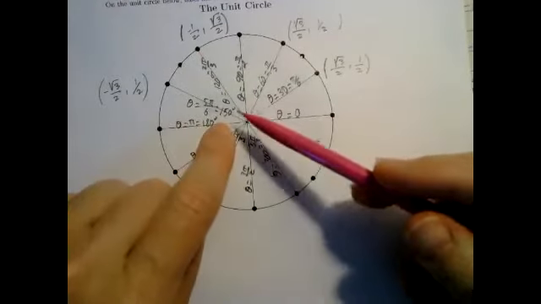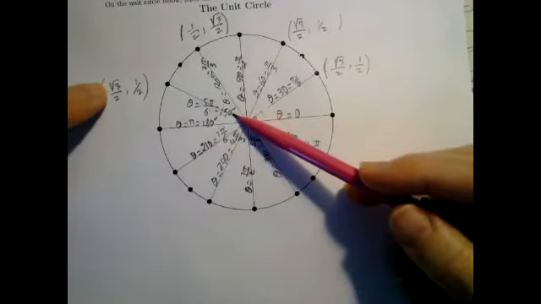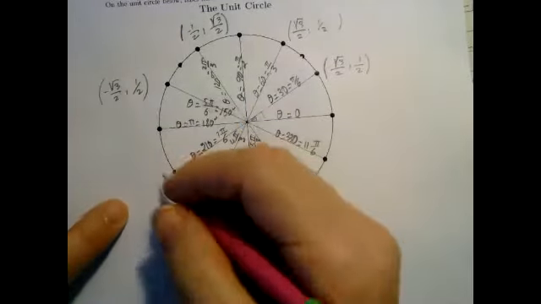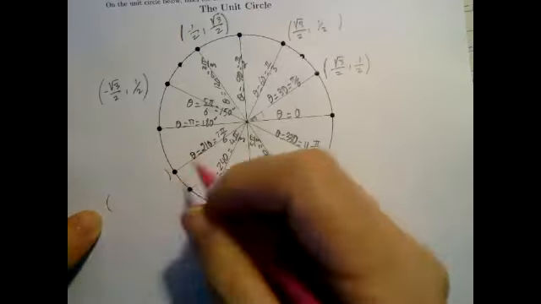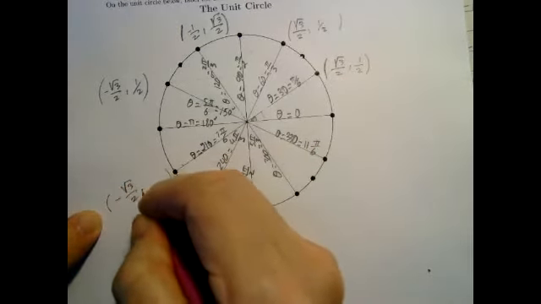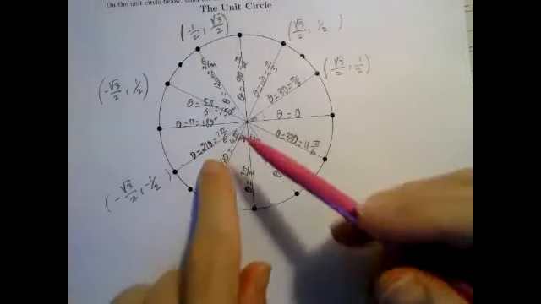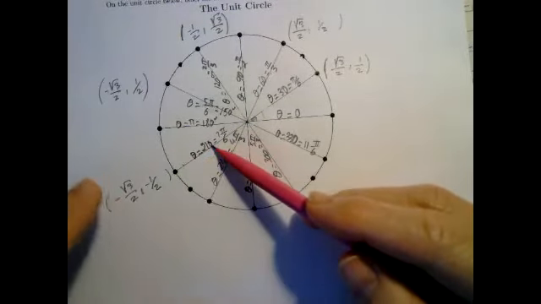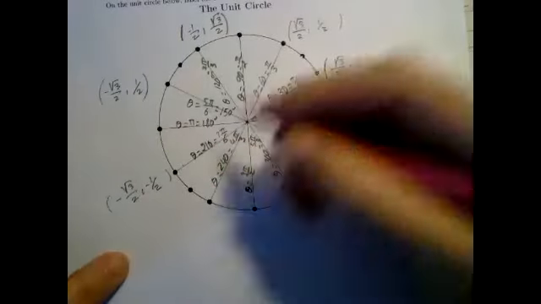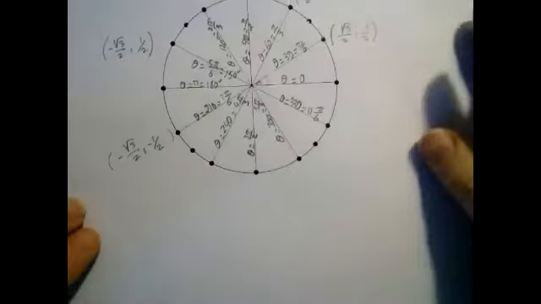It means cosine of 5 pi over 6 is minus square root of 3 over 2, and the sine is a half. Now right here, by symmetry to that, minus a half. Cosine of 210 is minus square root of 3 over 2, and the sine is minus a half. And then again, symmetry and symmetry and symmetry.